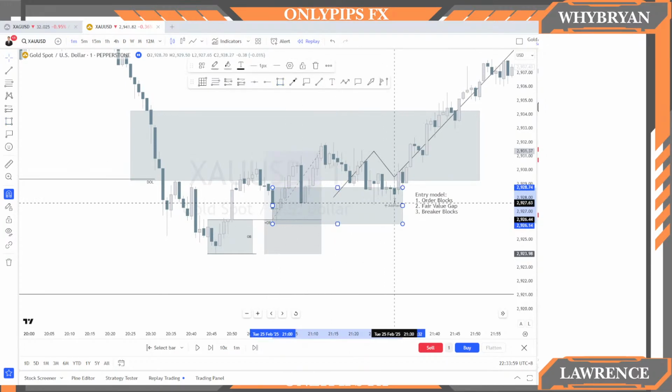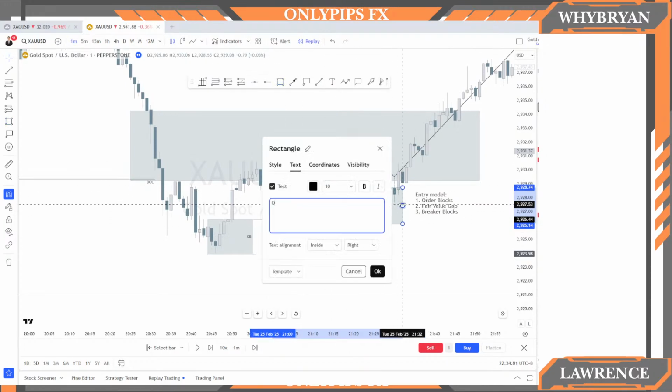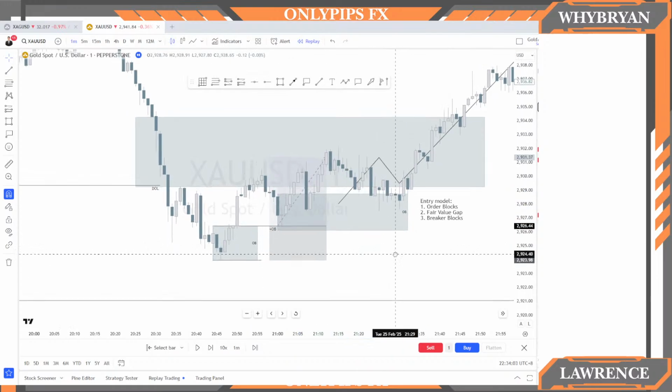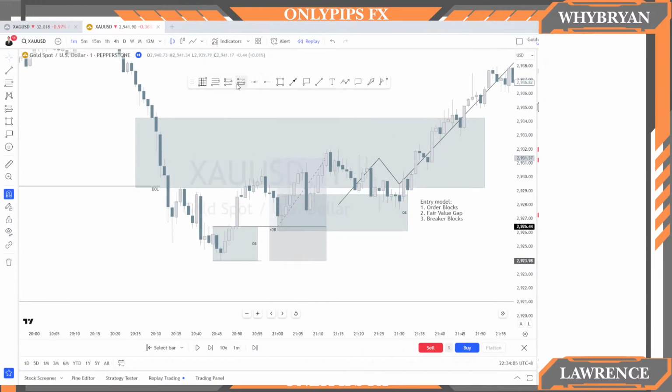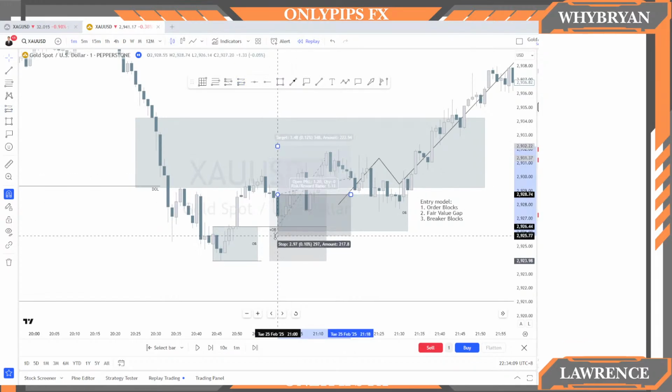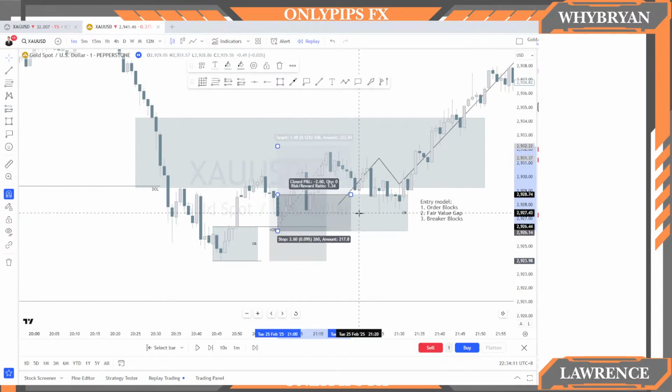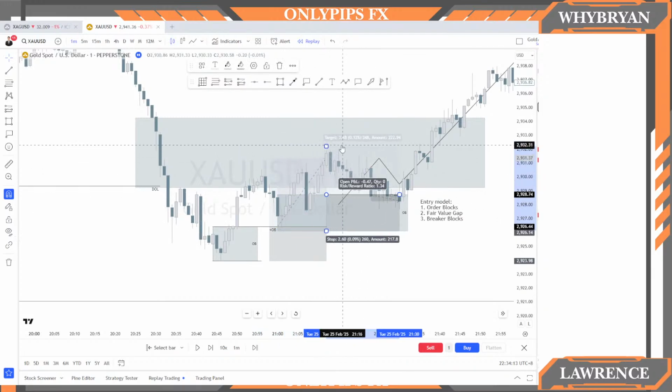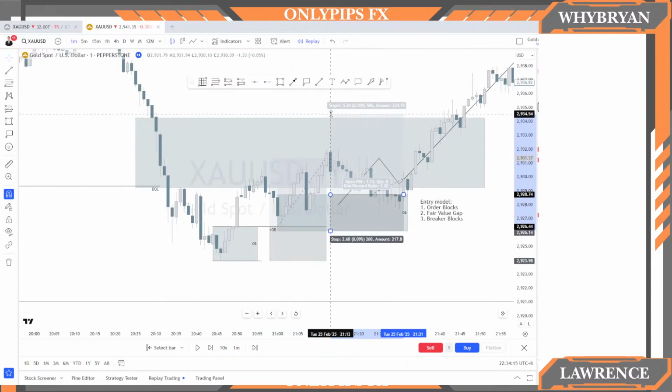So the price is still in the OB range. Eventually you can just enter and aim towards 1:2. This is the OB range.